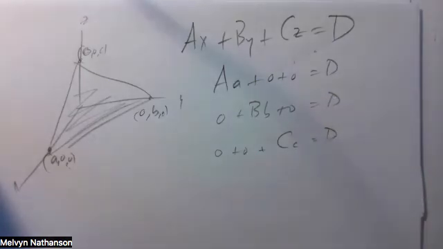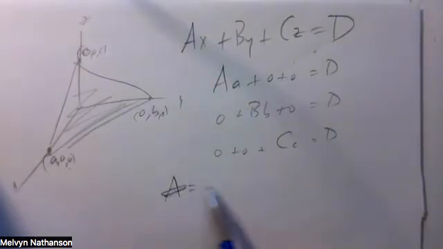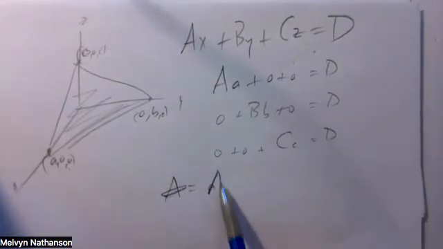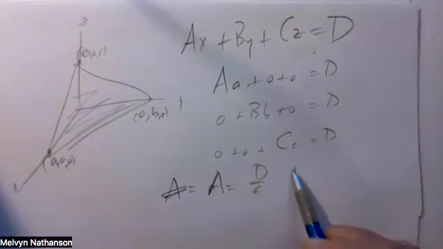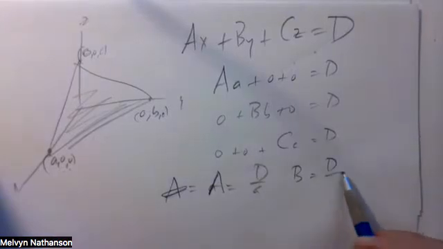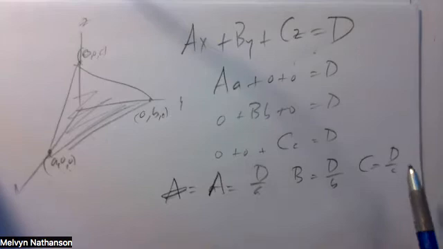So this says that capital A is D over little a. Capital B is D over little b. Capital C is D over little c.